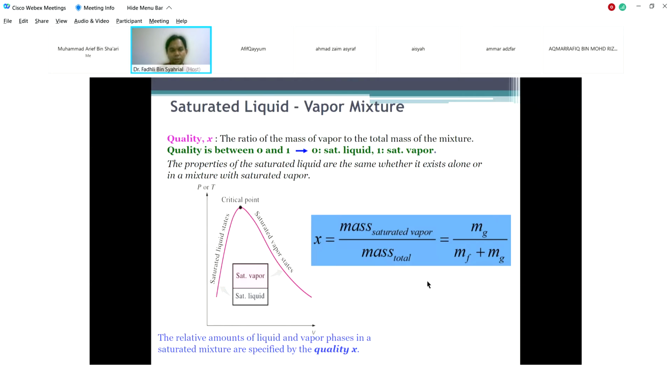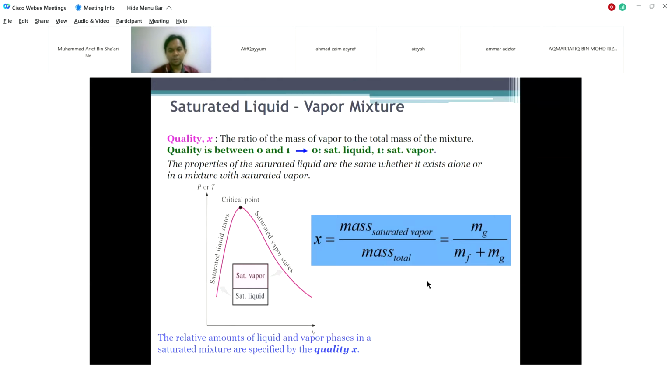Quality is very important for the case of saturated liquid vapor mixture phase. So quality, or X, is the ratio of the mass of vapor to the total mass of the mixture.